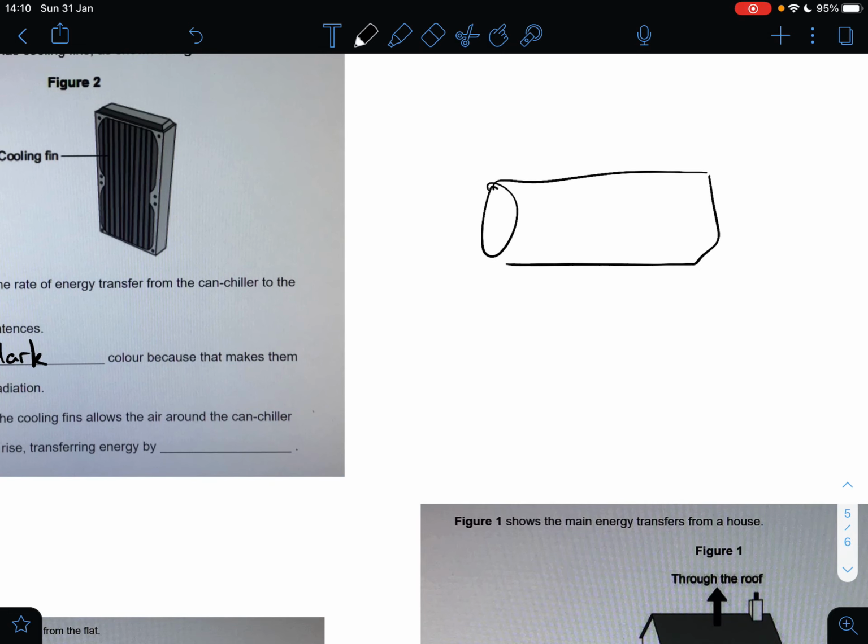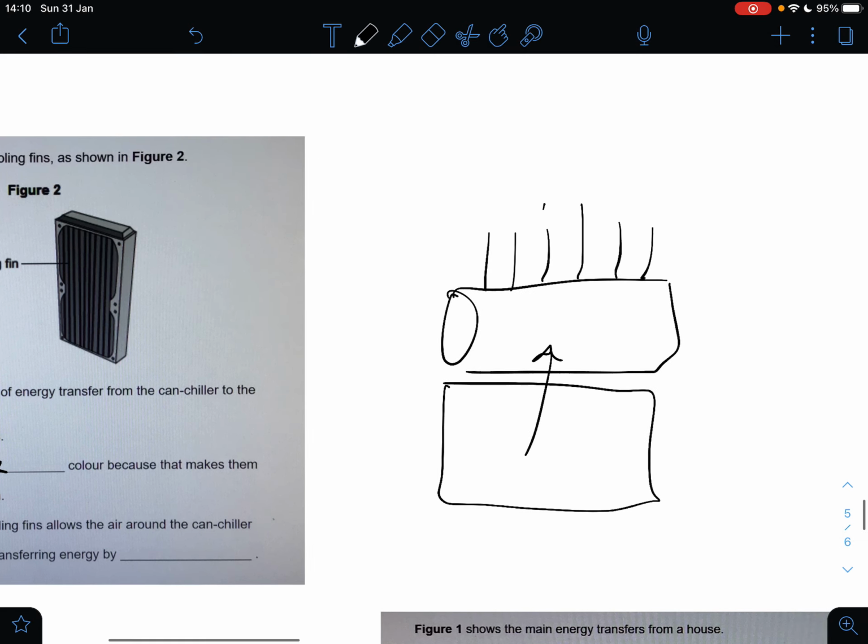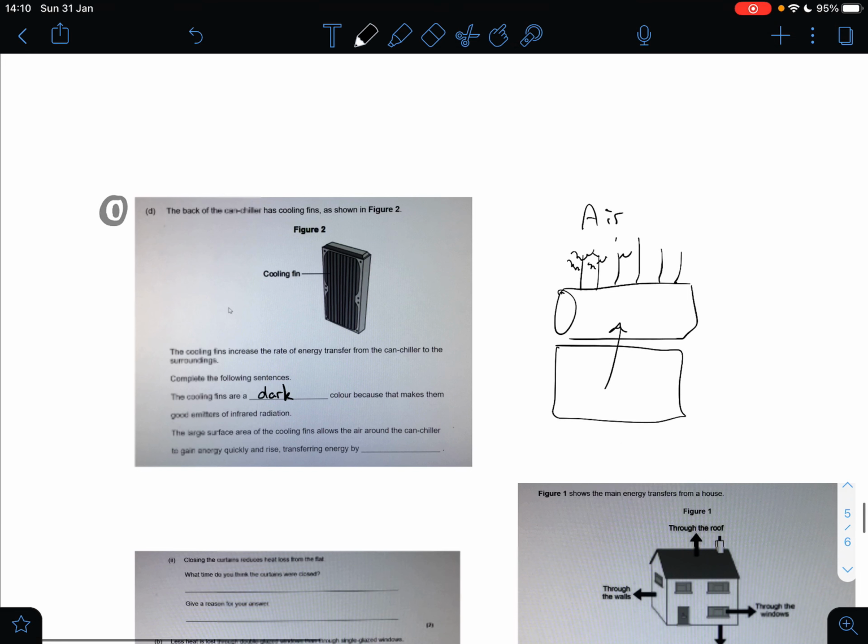They've taken the heat out this side, the heat's gone into the bar, and then they've got these fins. If you ever looked inside a computer, they have the same thing. And the heat escapes from them, like so. So what is going to go through the metal bar into the metal fins to then go out into the air around? Is it going to be convection or conduction?